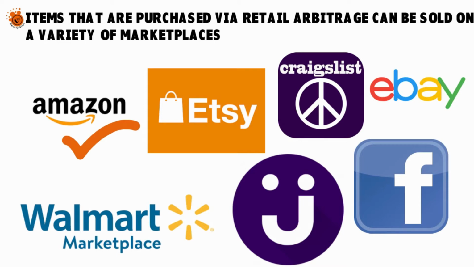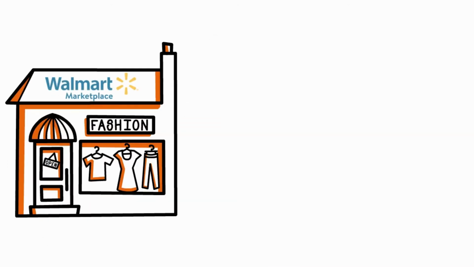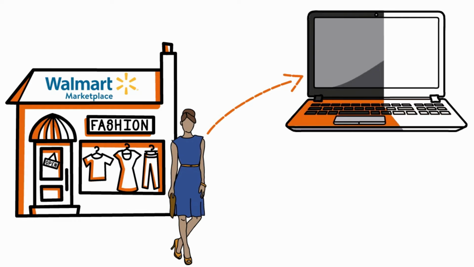So, just to recap, retail arbitrage means you go to your local Target or Walmart, find a product on sale or at a significant discount, buy it, and try to flip it online through Amazon for a profit.